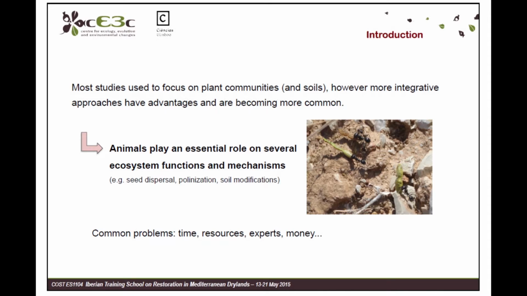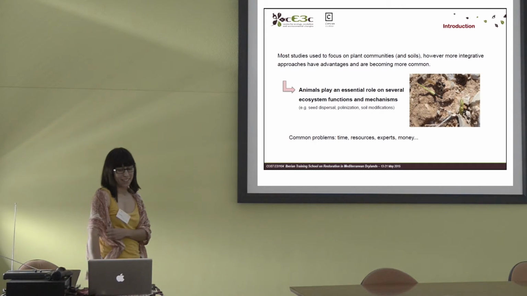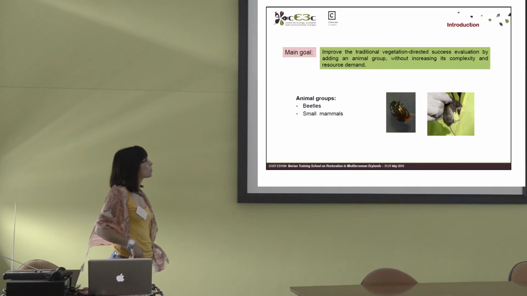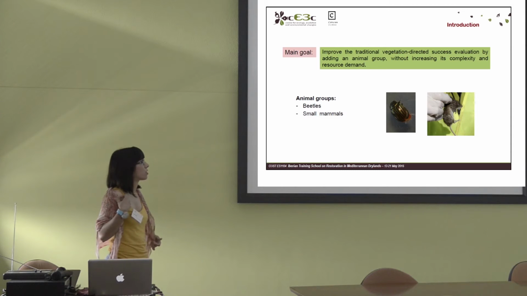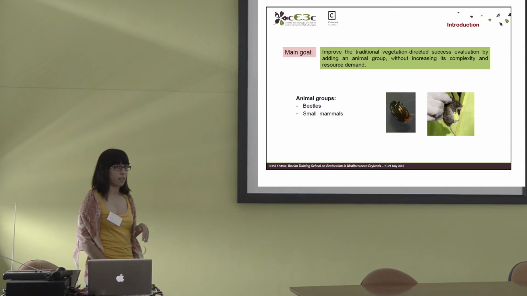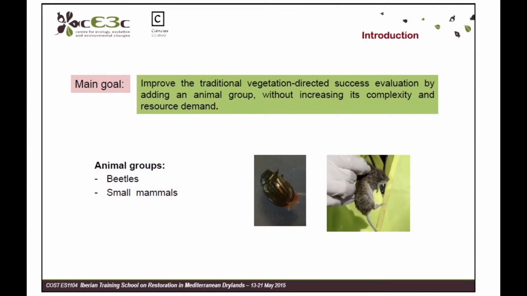We need more resources and experts and more money, as with everything. So our main goal was to try to improve our traditional vegetation-directed evaluation by adding an animal group, but without increasing the study complexity and resource demand. So we chose beetles and small mammals.